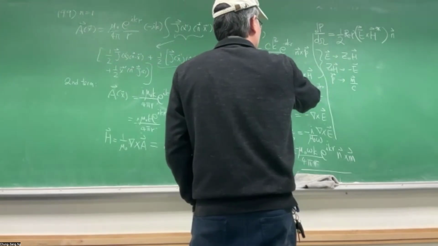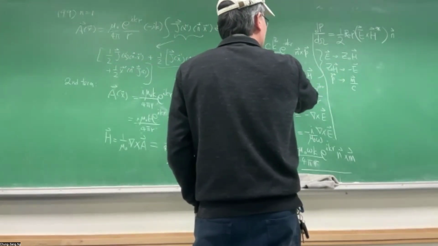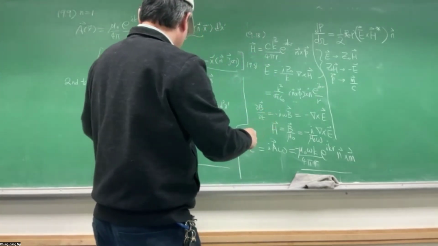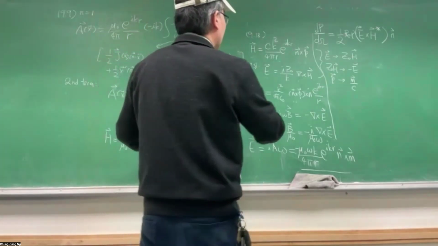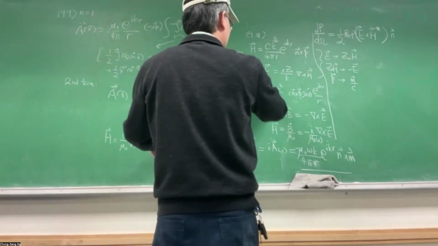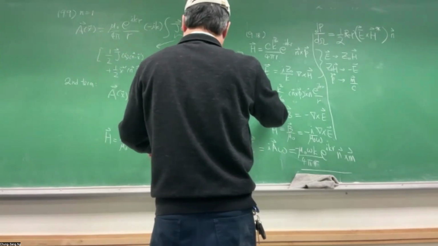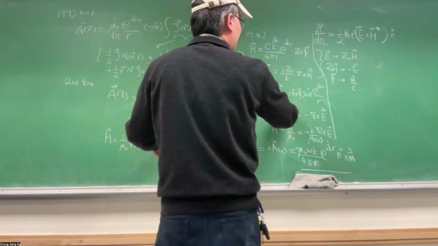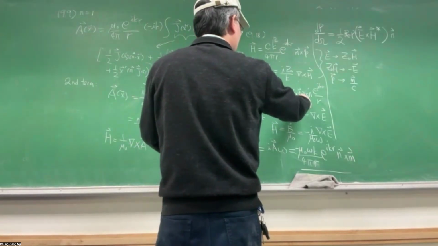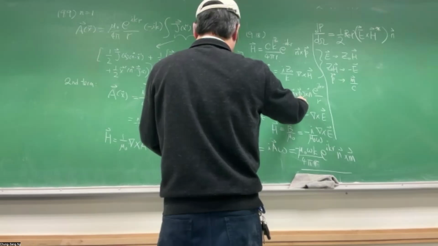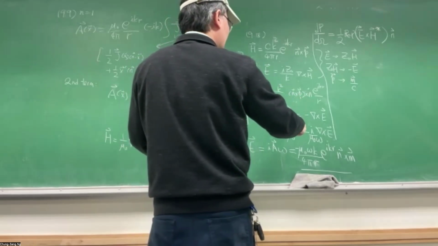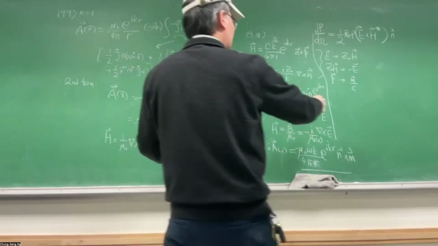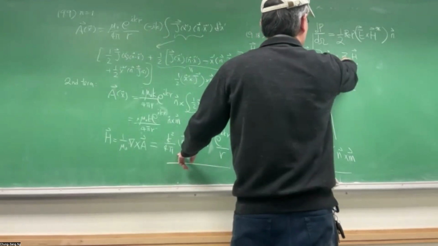So if E turns to C0 H, it becomes C0 times H. So you have a C0 in here, and to change that, this becomes C0. So H will be this one divided by C0. But then P changes to M over C, and the rest is like the start with this formula.